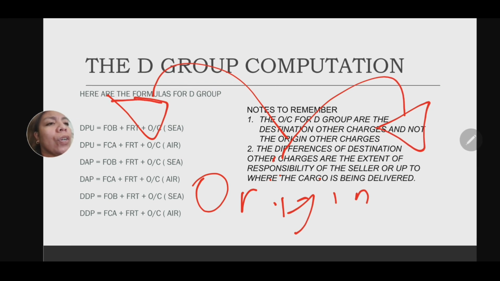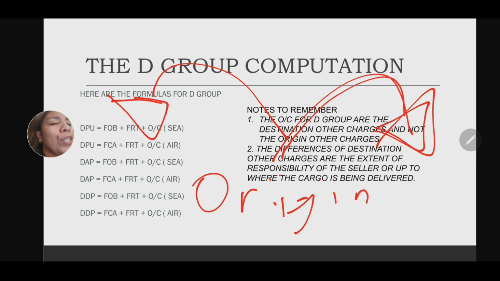But the destination other charges are those other charges that have been incurred at the country of importation or at the country of destination.